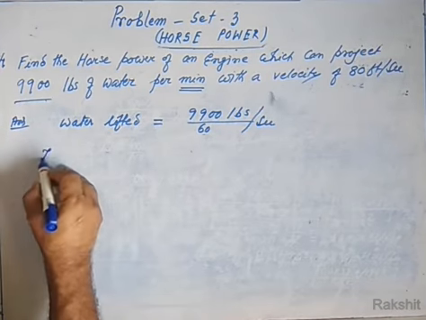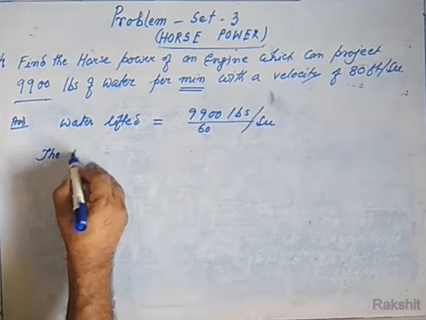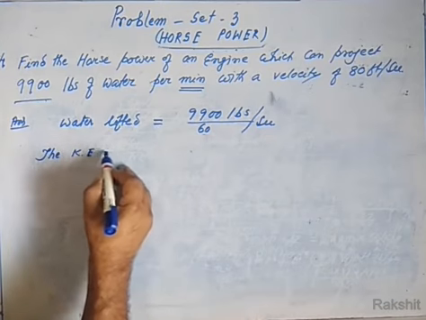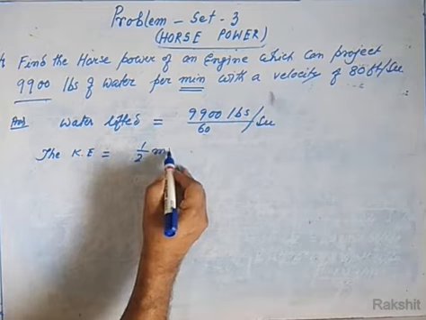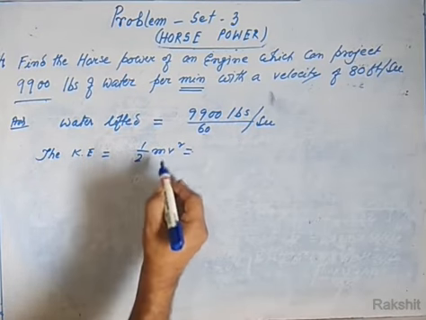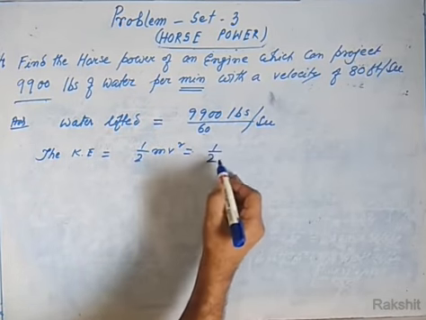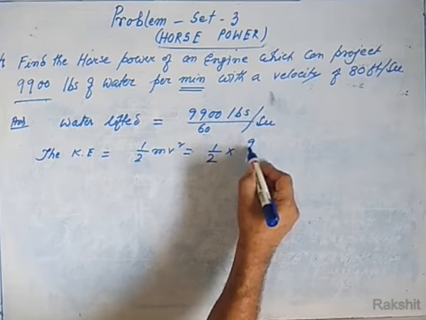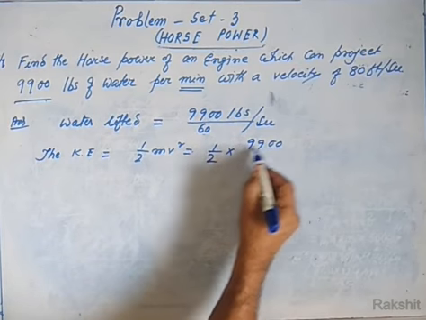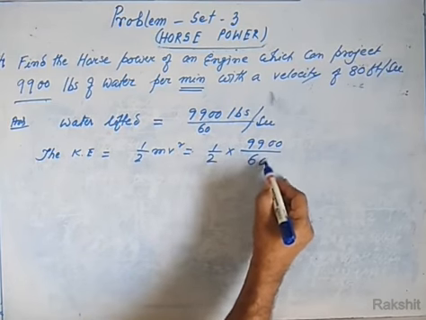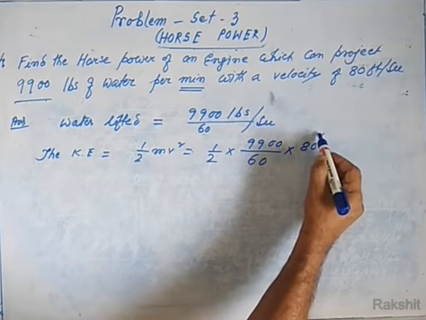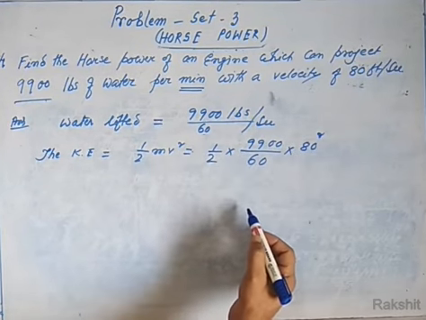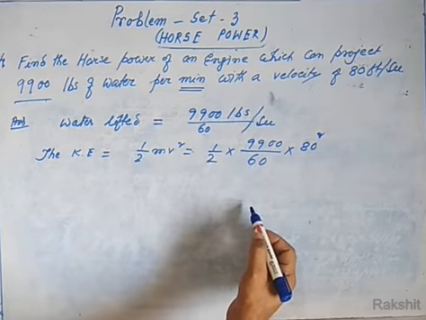So the kinetic energy is equal to half mv square, is equal to half into mass, which is 9900 by 60, and velocity is 80 square. Okay.